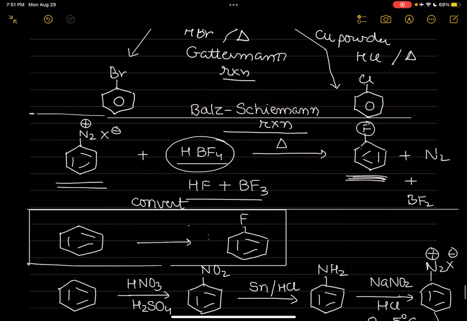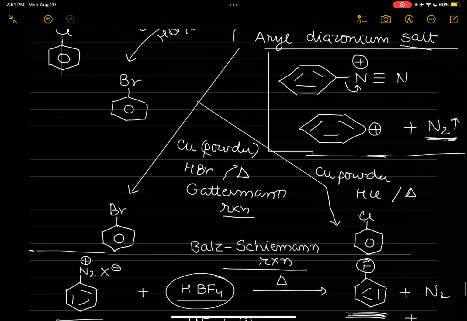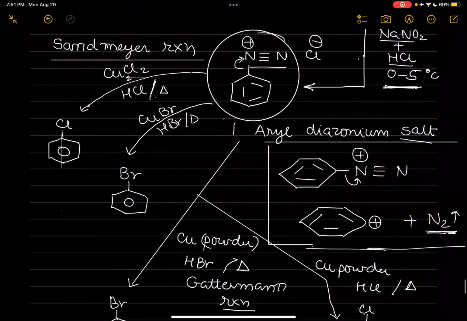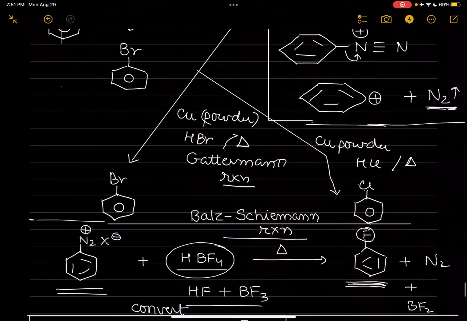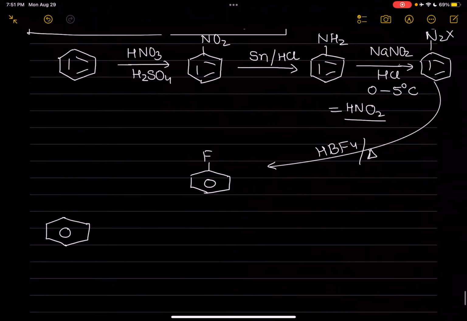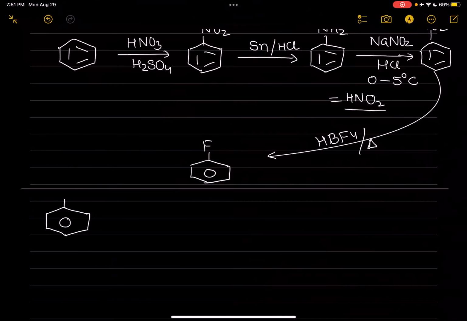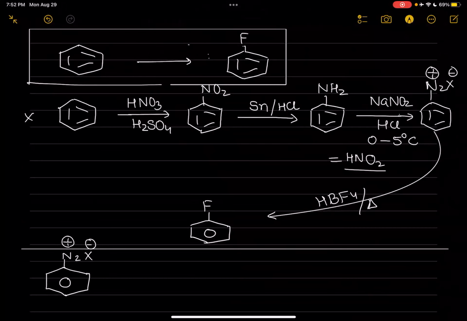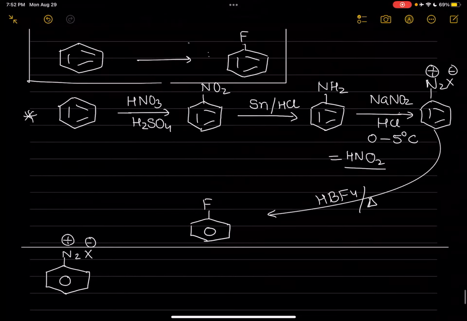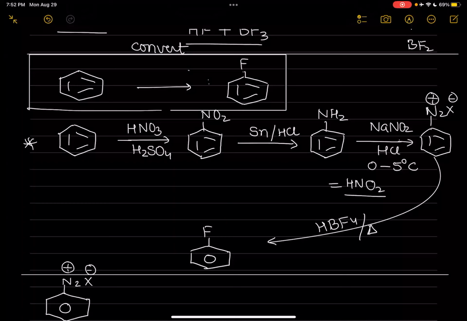And how to convert this diazonium to iodobenzene? So just write it. N2 plus, this is the diazonium salt, but I have written it here readily. You need to prepare it. Suppose they ask you to prepare it from benzene, this is the whole process you will follow.